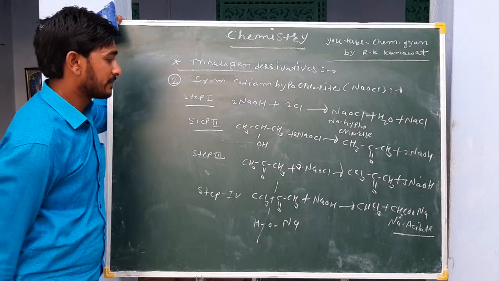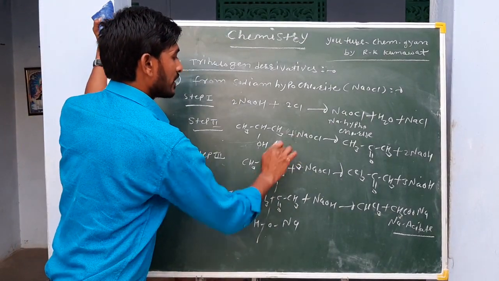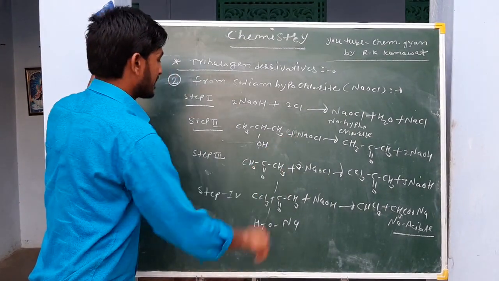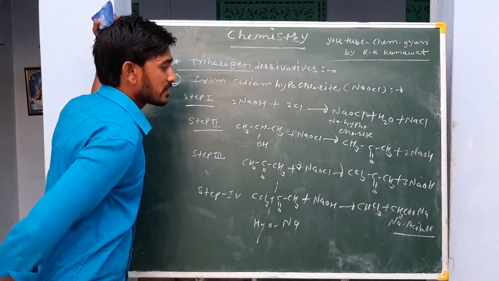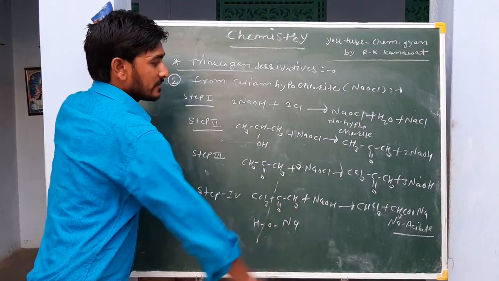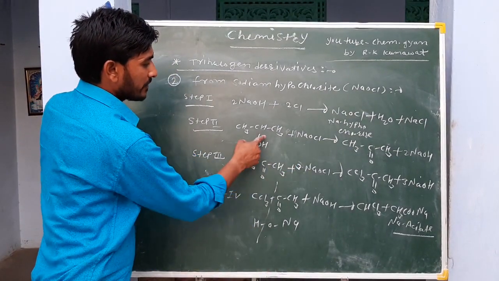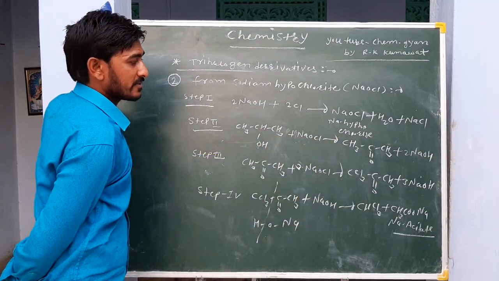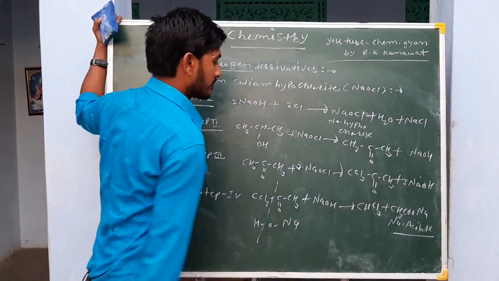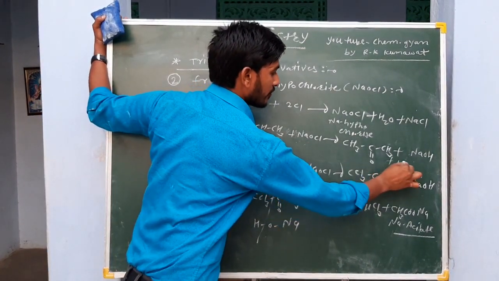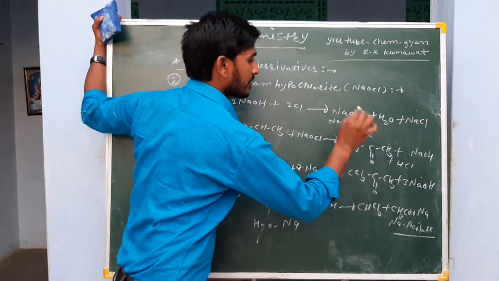Dear students, in the second step we used only one sodium hypochlorite molecule. Only one NaOH is removed, and one hydrogen and one Cl, HCl, are also removed in this step.